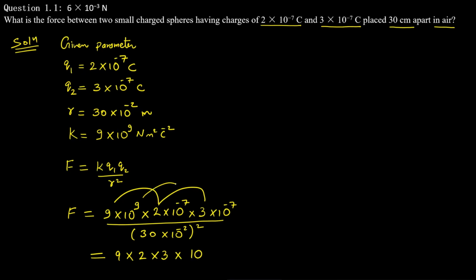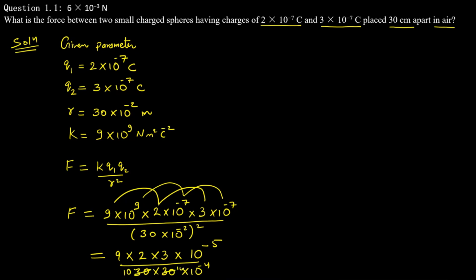So it will be 9, minus 7 and minus 7, so plus 2 and minus 5. Then it is 30 into 30 and 10 raised to minus 4.